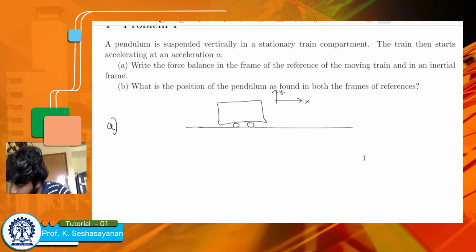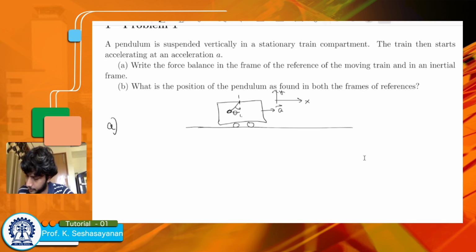Let's say the train is accelerating with an acceleration A along the horizontal direction. Now a pendulum is suspended from the vertical, and we'll have to calculate this angle theta later on. So pendulum is suspended, and the question is to write the force balance in the frame of reference of the moving train and in an inertial frame of reference.